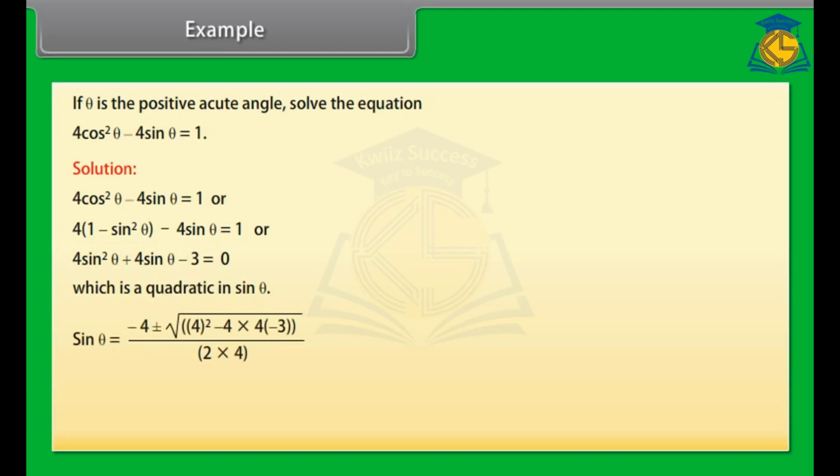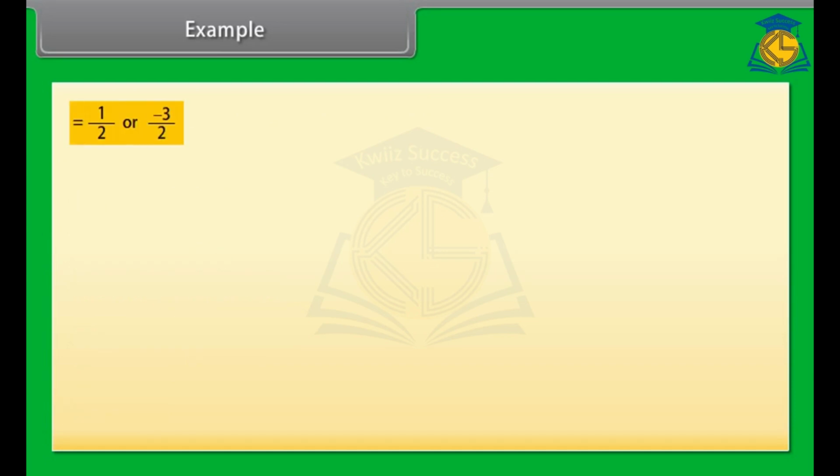Sin of theta is equal to (minus 4 plus minus under root 4 square minus 4 into 4 into minus 3) by 2 into 4 is equal to (minus 4 plus minus 8) by 8 is equal to 1 by 2 or minus 3 by 2.